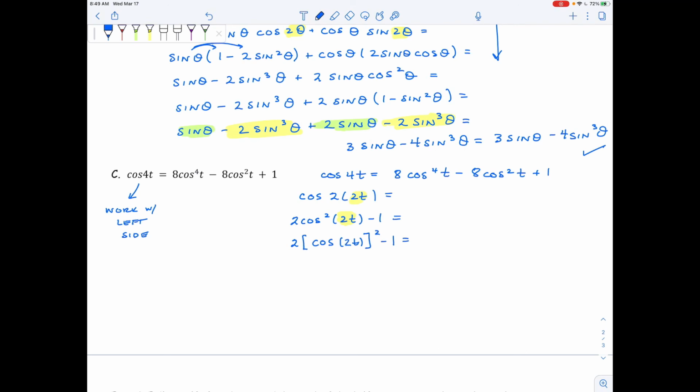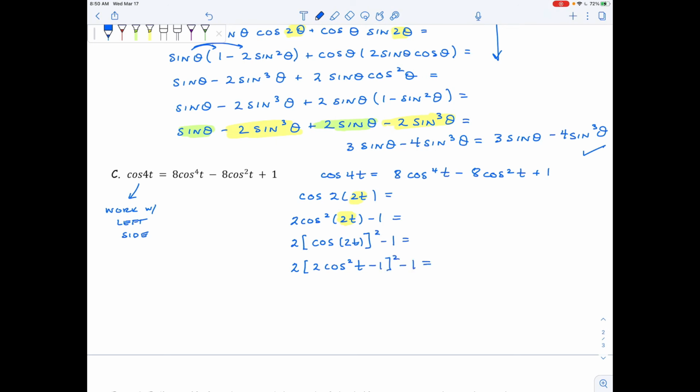So I'm just moving the squared symbol to outside, which is what you're doing when the cosine squared 2t is the short form of what I have just written here. And then what I'm going to do is replace cosine 2t with 2 cosine squared t minus 1.